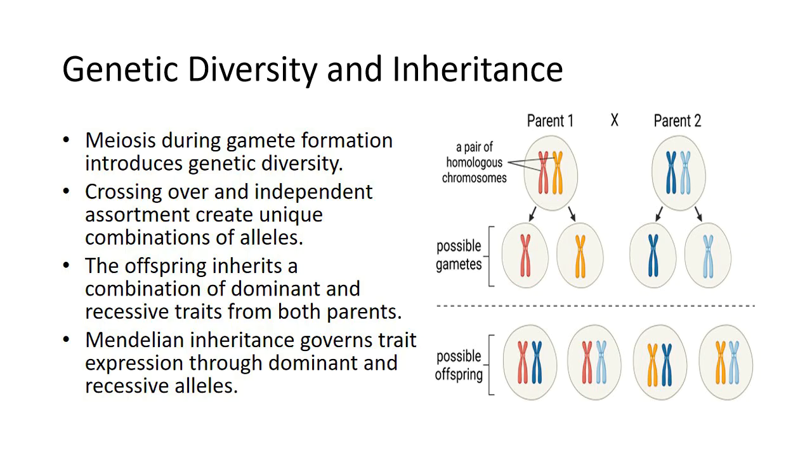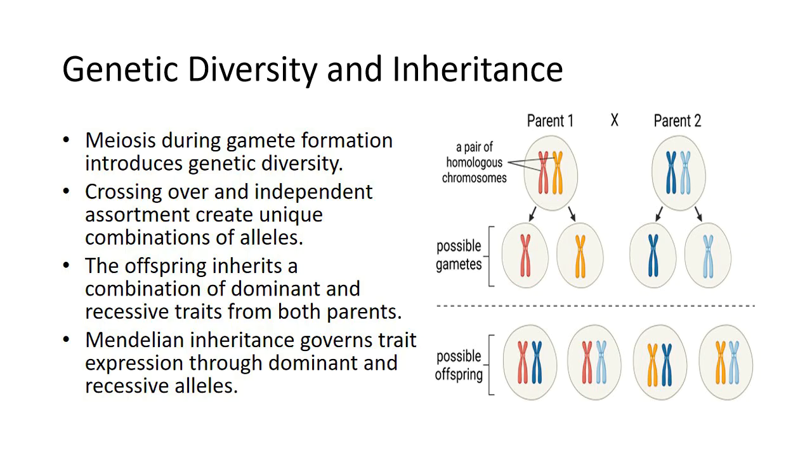Dominant and recessive traits. Dominant alleles are expressed when present, while recessive alleles are only expressed when two copies of the recessive allele are inherited, one from each parent.